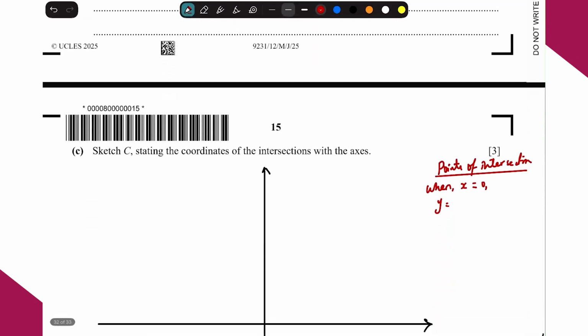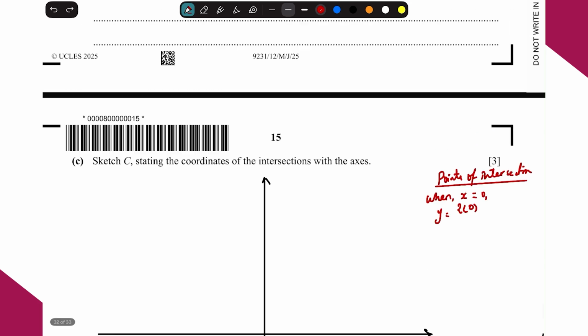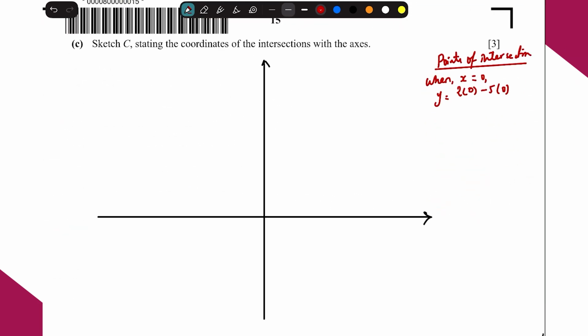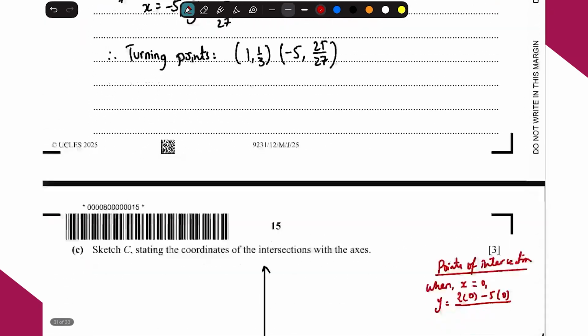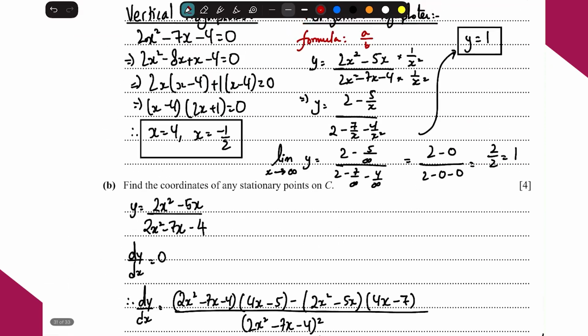We will technically get 2 times 0, so you can already say that it is going to be a 0. So 2 times 0, minus 5 times 0, that's a 0. Then we've also got 2 times 0 minus 7 times 0, that's also going to be a 0.